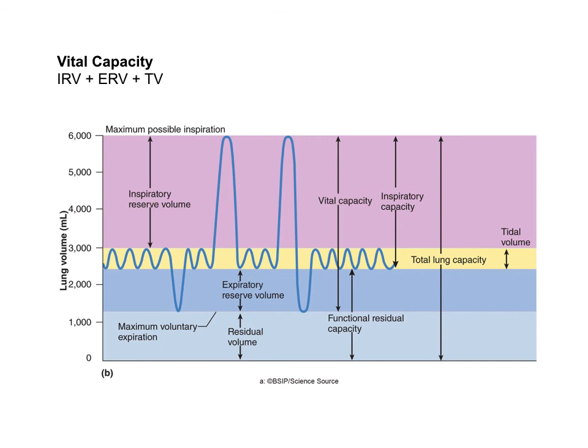It would also include your inspiratory reserve, your most forceful in, and your expiratory reserve, your most forceful out. So if you were told to take your deepest breath in and do your most forceful breath out, get as much air as you can out of your lungs, that's your vital capacity. And again, that's going to change with things like emphysema because you're going to have that impaired ability to exhale.